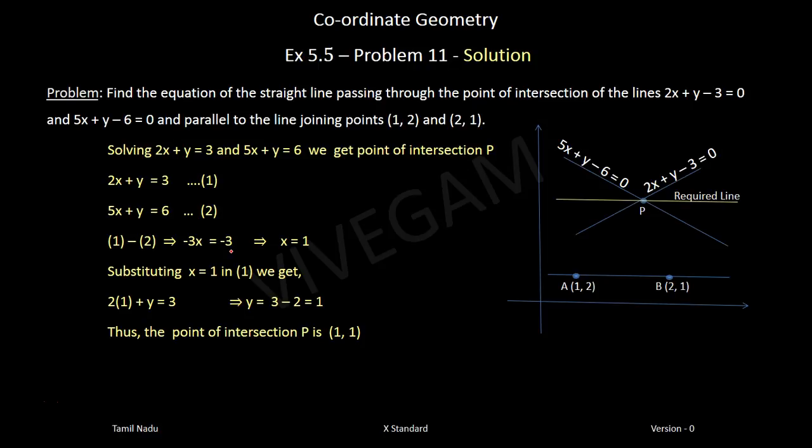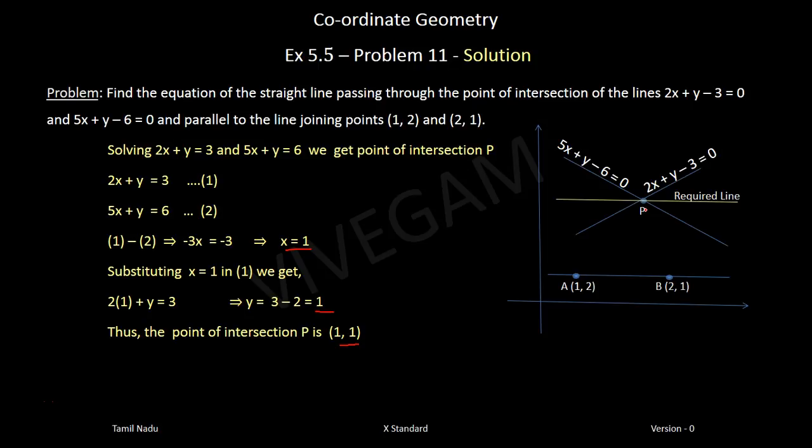So minus 3x is minus 3, or x is equal to 1. Now substitute x equal to 1 in equation 1. So 2 into 1 plus y equal to 3, so y equals 3 minus 2, that's equal to 1. So the point of intersection P is (1, 1). Half of the problem is solved.